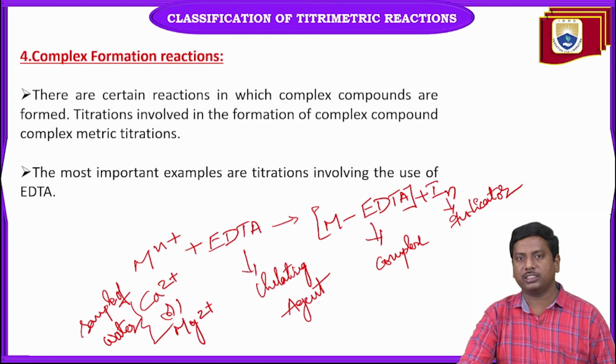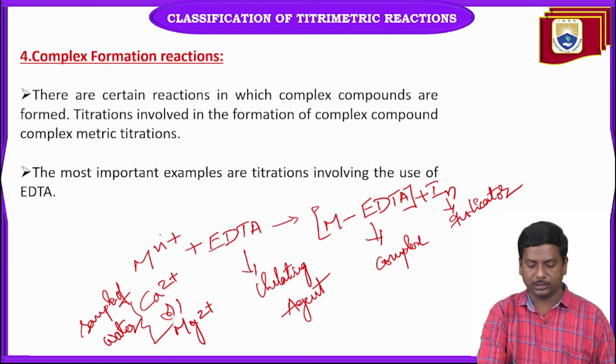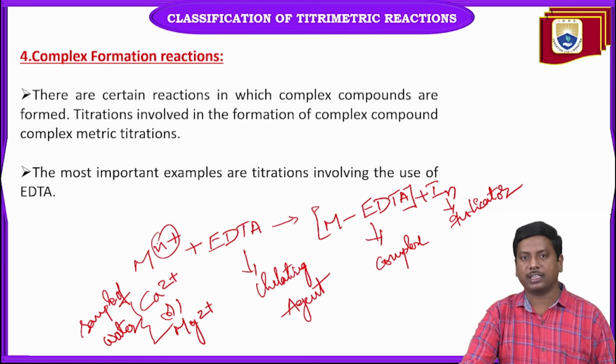First of all, EDTA is a polydentate ligand, ethylene diamine tetraacetic acid. Generally, metal ions have a positive charge and are ready to accept electrons, and EDTA comes under the category of ligand. A ligand is a substance ready to donate electron pairs to another substance.